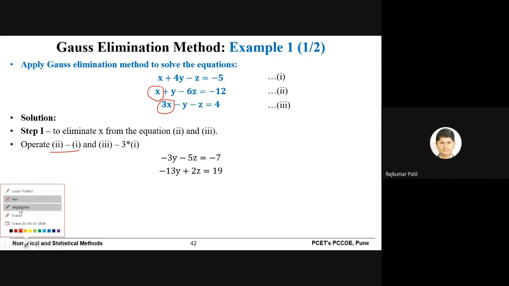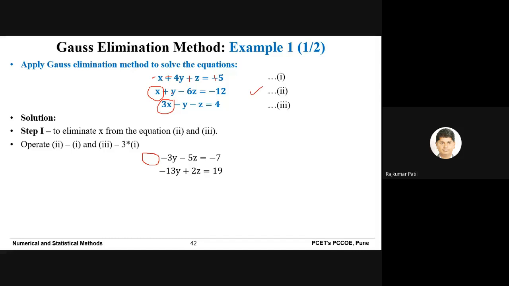So when you do that, what will happen? Equation 2 as it is minus equation 1. So x becomes minus x, 4x becomes minus 4x, minus z becomes plus z, and minus 5 becomes plus 5. So x minus x is 0, that's why you will not see a term of x here.